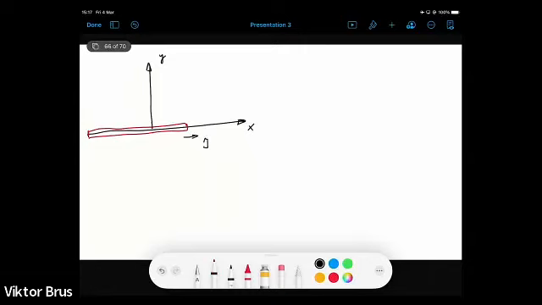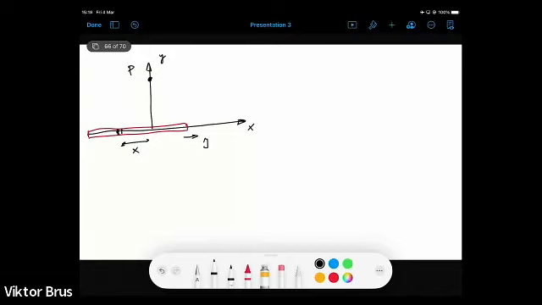Then we want to determine magnetic field at this point, let's call it point P, created by this conductor with current. So we can pick some small length element at coordinate x.